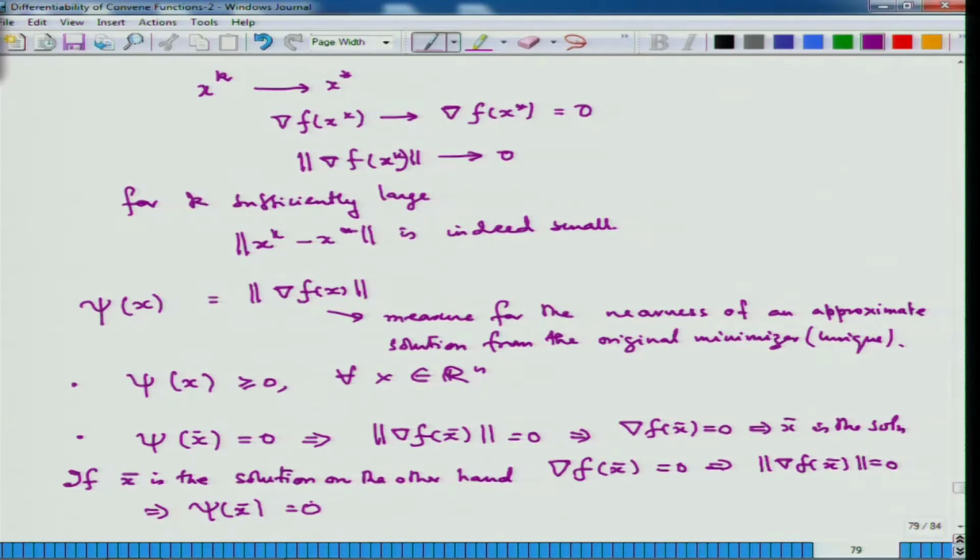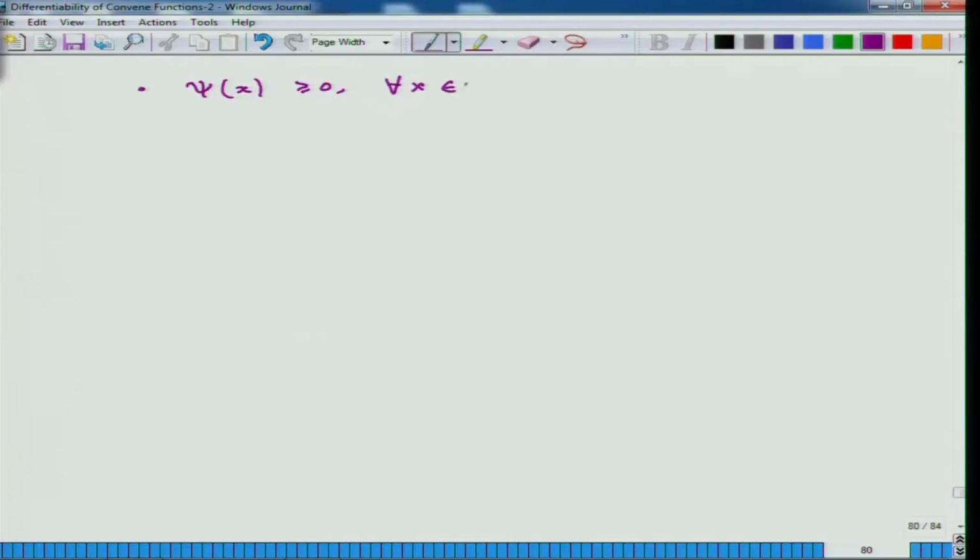So, what are the properties that we have actually got? For phi we have the property that phi of x is greater than or equal to 0 for all x in Rn, as well as the property that phi of x bar is equal to 0 if and only if x bar is a solution of CP with f strongly convex, or x bar is the minimizer of f over Rn.